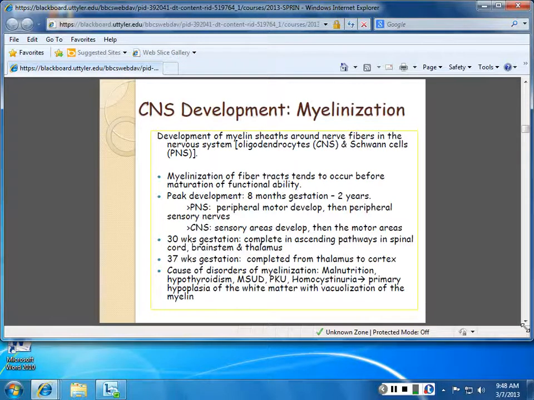By 30 weeks gestation, this is complete in the ascending pathways in the spinal cord, the brainstem, and the thalamus. By 37 weeks gestation, it's completed from the thalamus to the cortex. If you have disorders of myelination, it can be caused by malnutrition, by hypothyroidism, maple syrup urine disease, PKU, homocystinuria, and things like that.